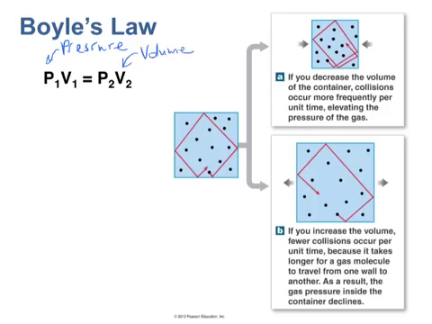By P1 V1 equaling P2 V2, what you basically need to know is that as the volume of a chamber goes up, the pressure of the gas within that chamber goes down. And vice versa.